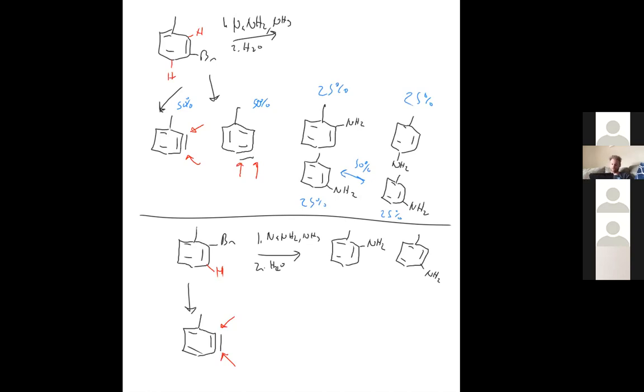And that's going to make it our major product because there is the largest number of it. We have 25, 25, 50. That makes this one major, giving us this for a major product.